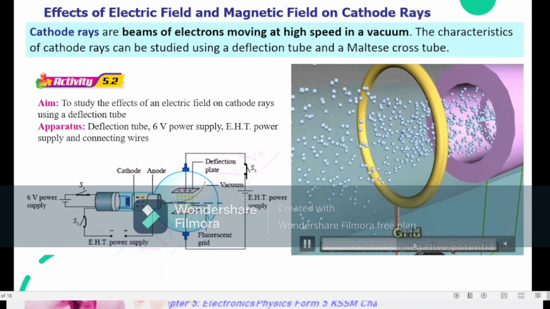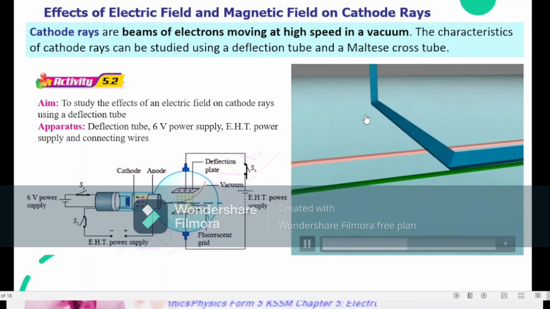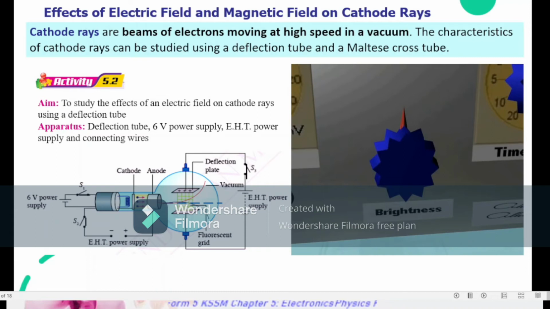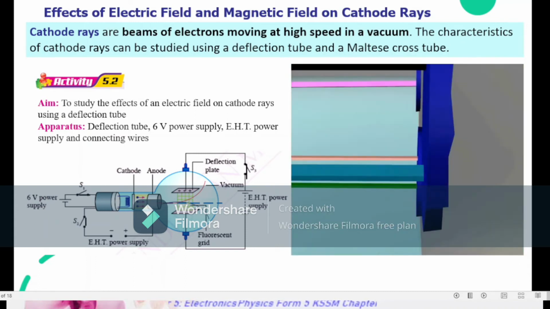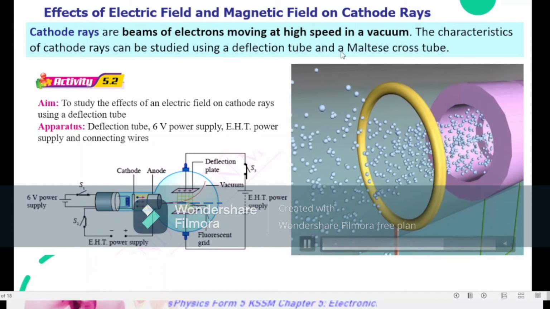It is connected to negative potential. The function of the grid is to control the number of electrons that pass through the focusing anode, meaning to control the brightness of the spot produced on the screen.